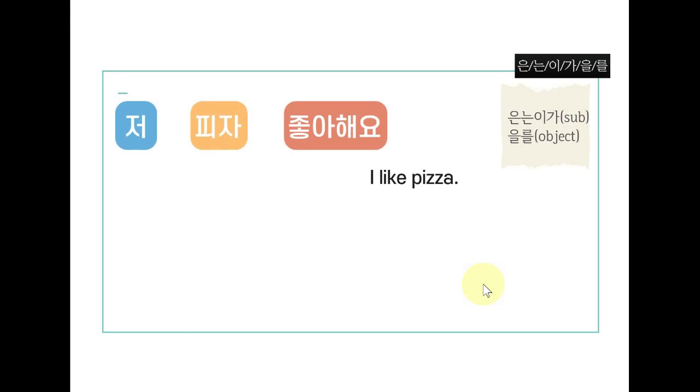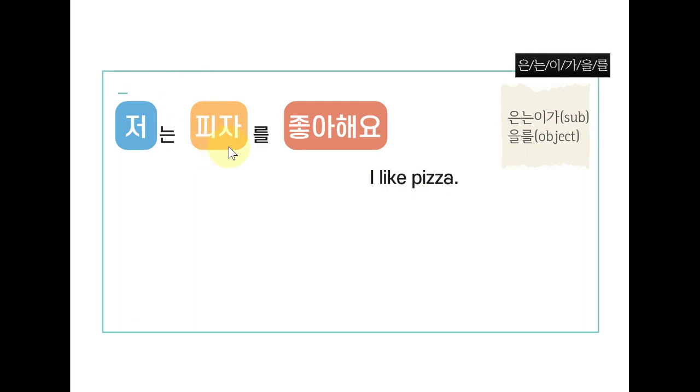Let's practice making some sentences. We have three given vocabularies. 저 피자 좋아해요. I pizza like. And I like to say I like pizza in Korean. And as you can see, 저 is a subject of a sentence and pizza is an object of a sentence.